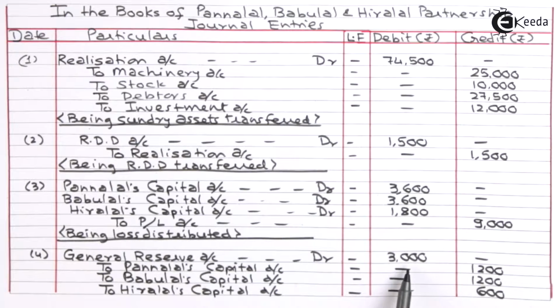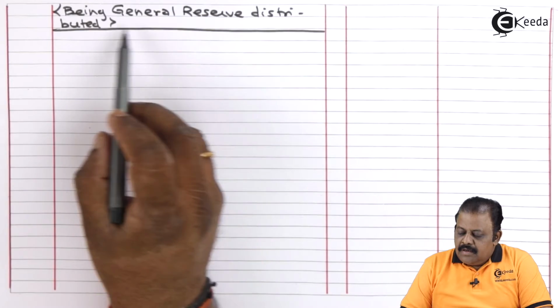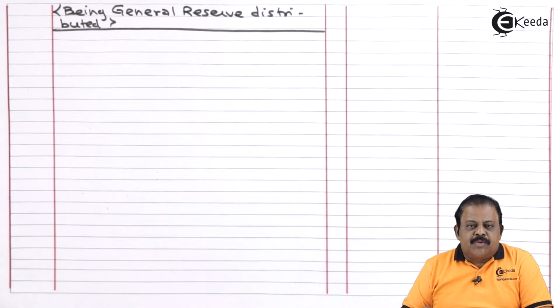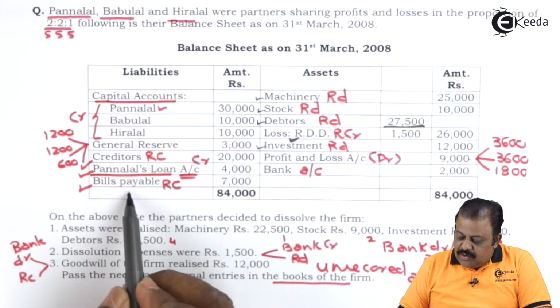General reserve account debit 3,000, to Pannalal's capital account 1,200, to Babulal's capital account 1,200, to Hiralal's capital account 600, being general reserve distributed.